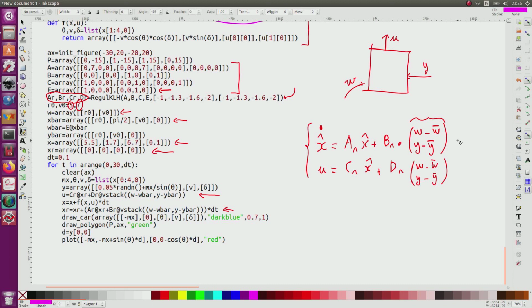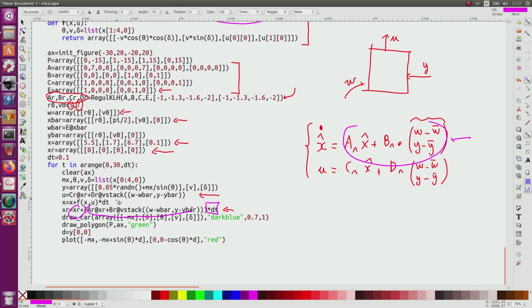The integration of this one is here implemented by an Euler formula. This is why here I have this plus the evolution, multiplied by dt.